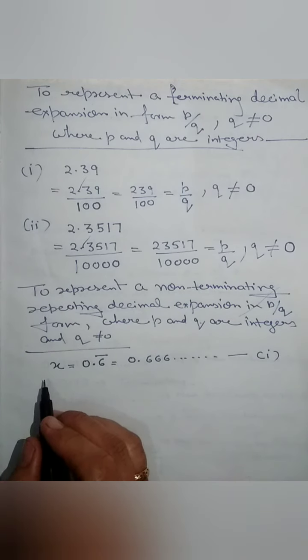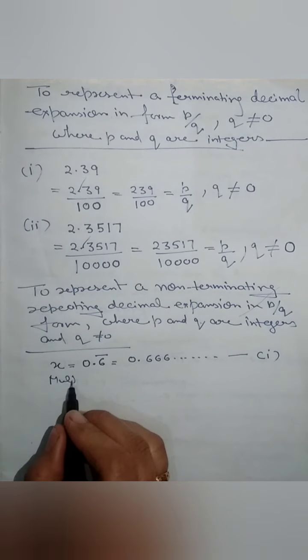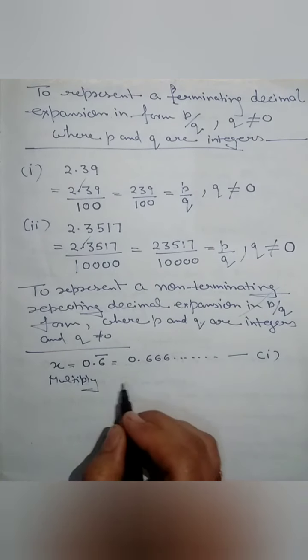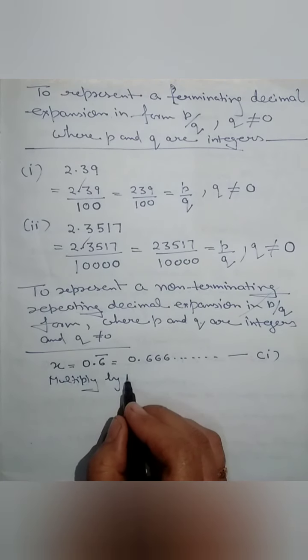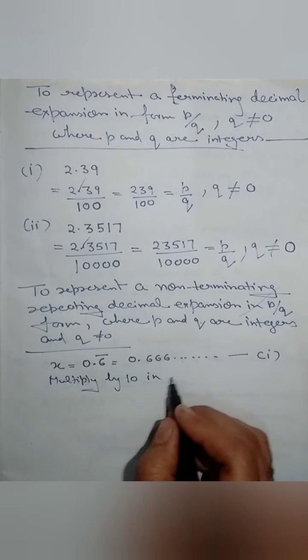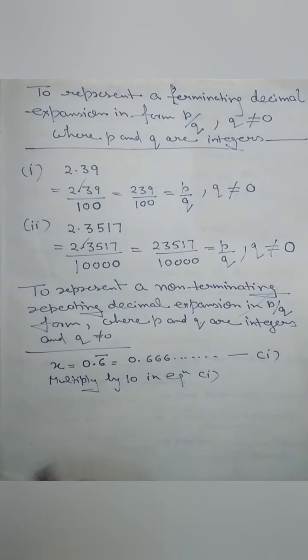As one digit is repeating, we'll multiply by 10 in equation 1.